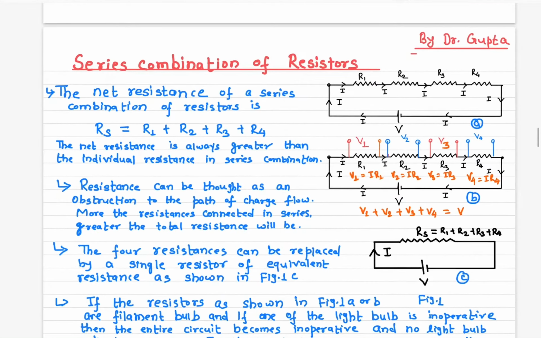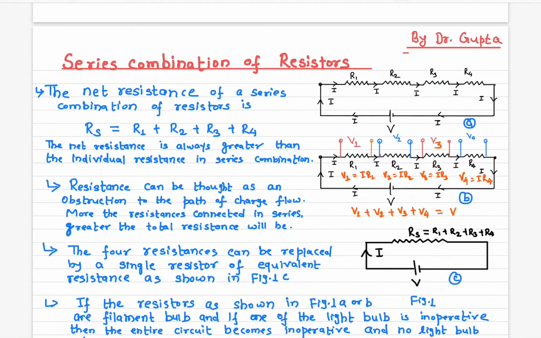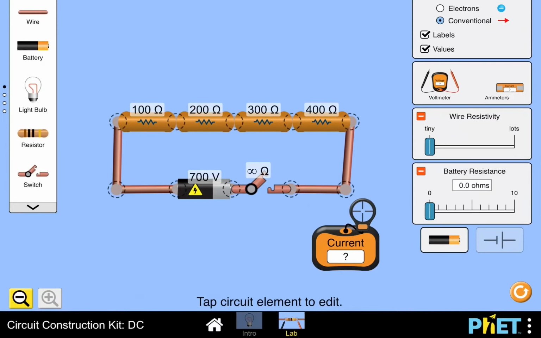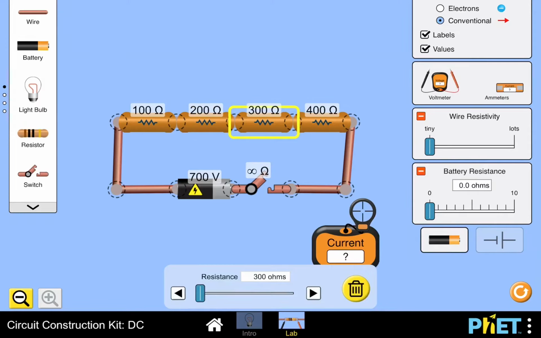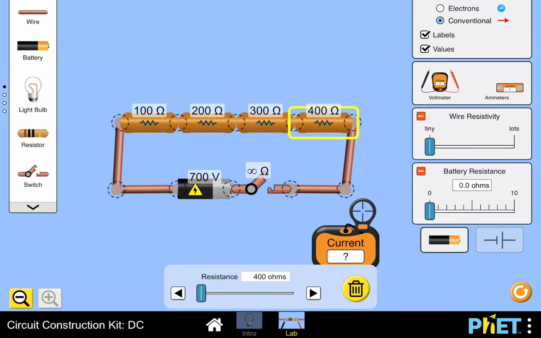So here I just talk about the series combination, and let me explain this one through a simulation. Here I have connected four resistances: 100 ohm, 200 ohm, 300, and 400 ohm.